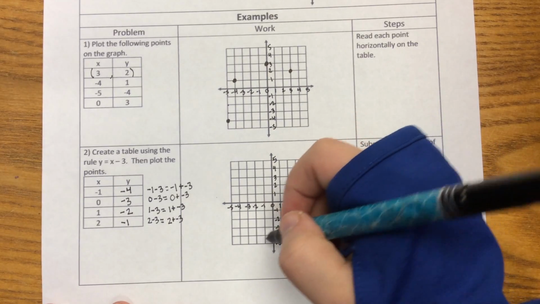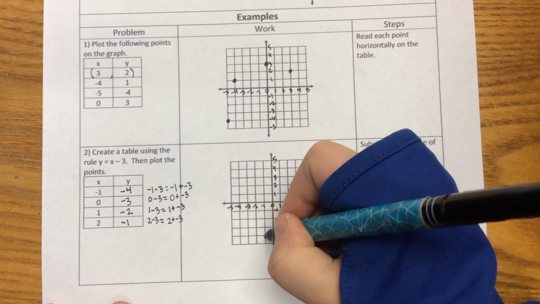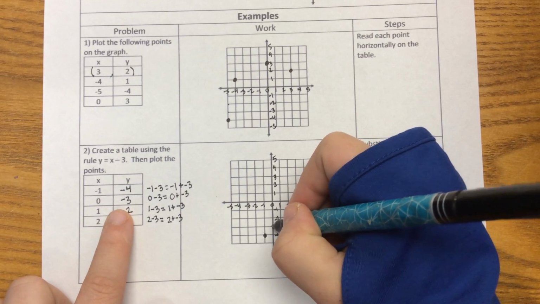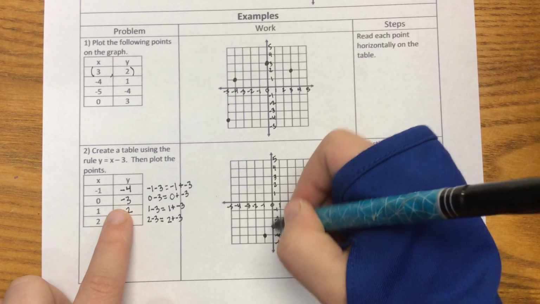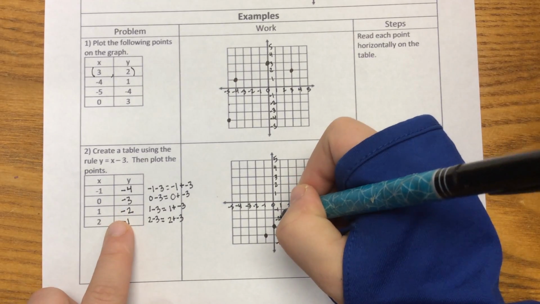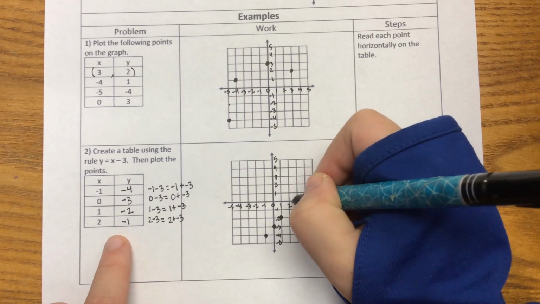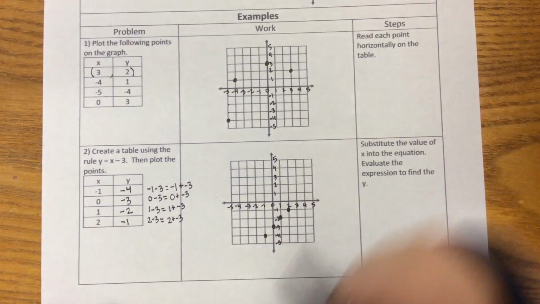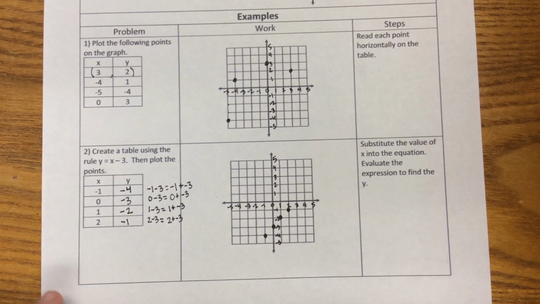So left 1, down 4. 0, negative 3, so from 0, and then down 3. 1, negative 2, so right 1, down 2. And 2, negative 1, so right 2, down 1. And that's where we're going to leave that for now.